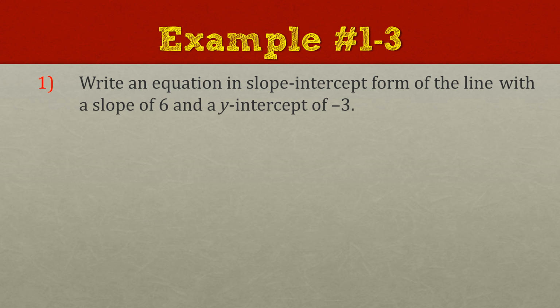Example number 1. Write the equation in slope-intercept form of the line with a slope of 6 and a y-intercept of 3. You're given the two things you need for slope-intercept form, so just put it into the proper form. Ethan, what's the answer?